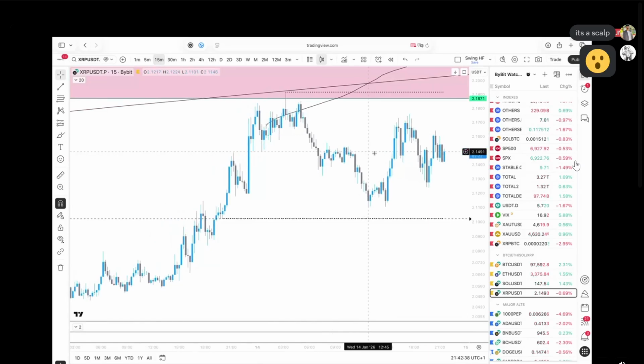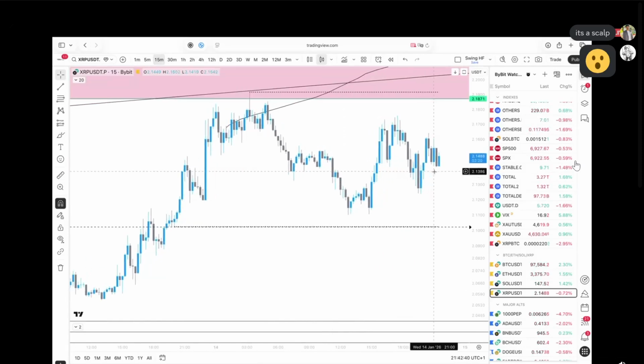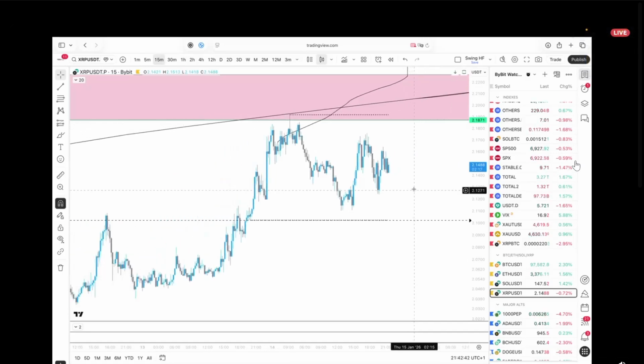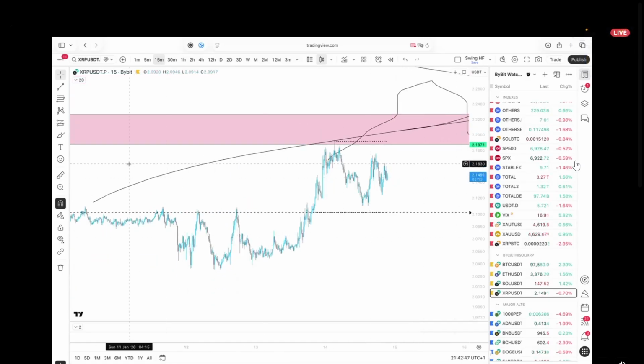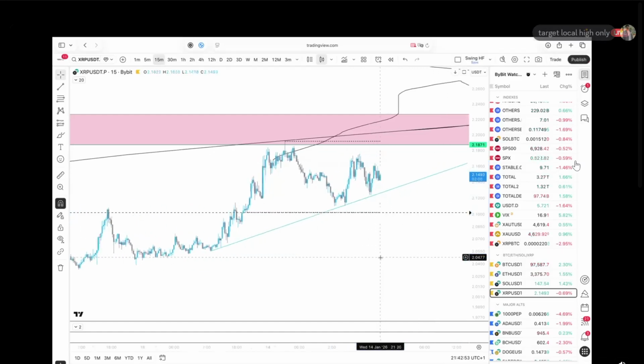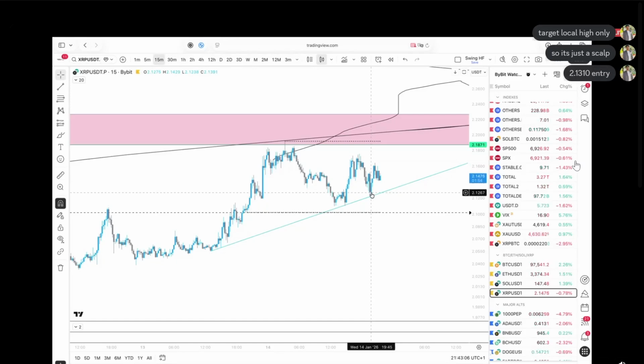So let me see. Let me see what he had. He had this trend line for sure. What was his entry? Let me see if I can get what it had. 747 entry. 747, it was here.